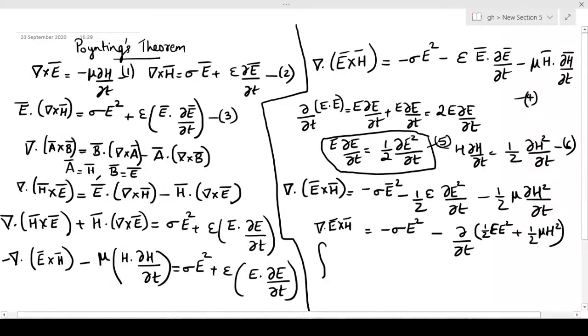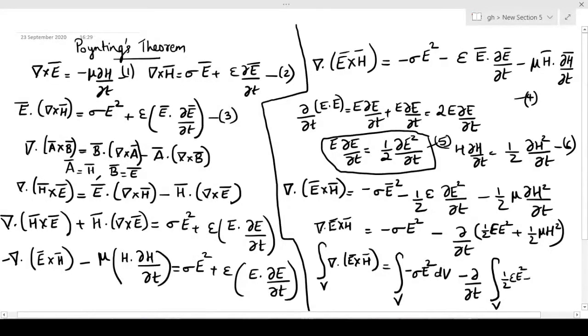You get the volume integral of del dot (E cross H) is equal to the volume integral of minus sigma E square dV, and next is minus ∂/∂t of the volume integral of (half epsilon E square plus half mu H square) dV.